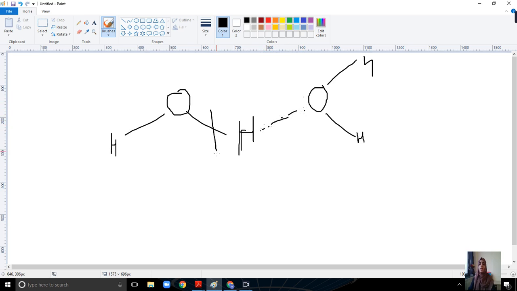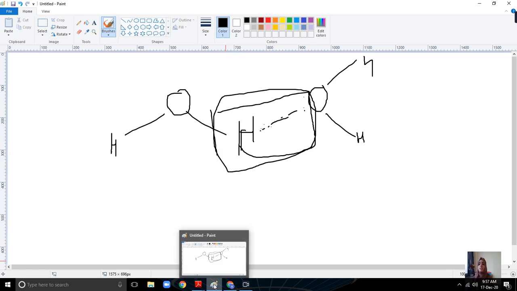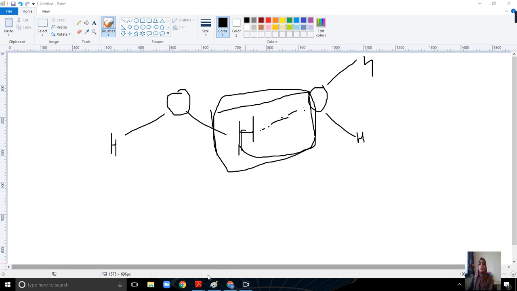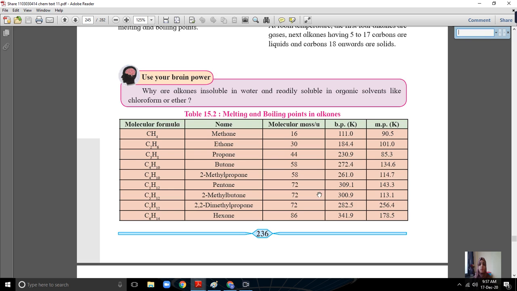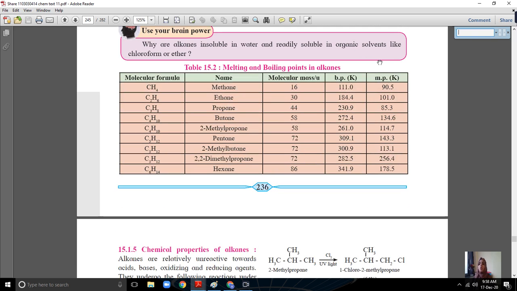So this is called intermolecular hydrogen bonding. Alkanes are non-polar in nature, so they will not form any intermolecular hydrogen bonding, so they will not dissolve, okay. But they dissolve in organic solvents like chloroform and ether, okay.